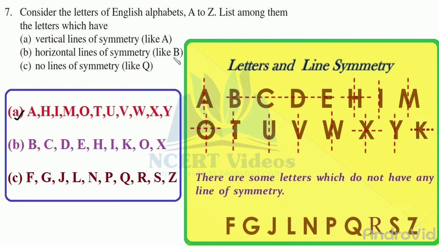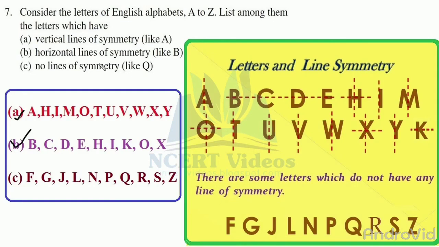Now horizontal line of symmetry like B. So as you can see, B, C, D, E, H. H was having both. Then you have K, then X, then you have O. Okay, so these are horizontal lines of symmetry alphabets.